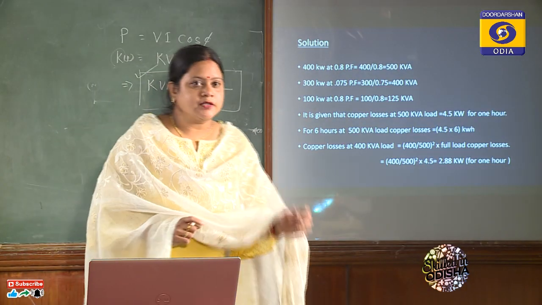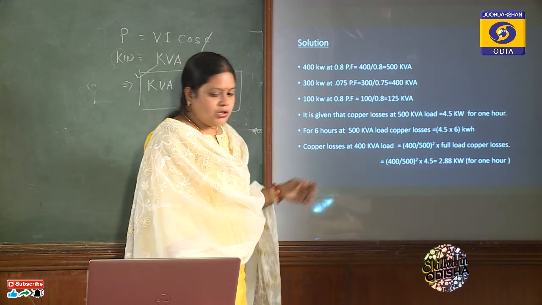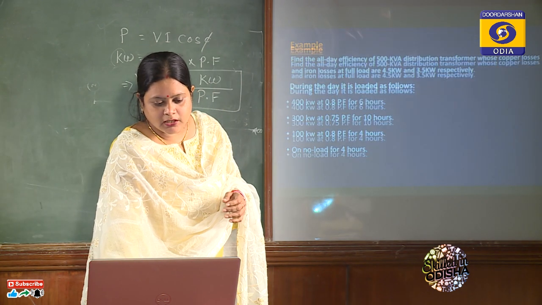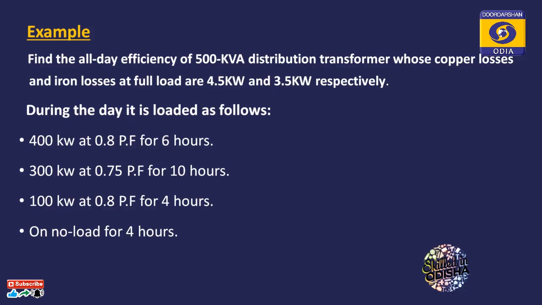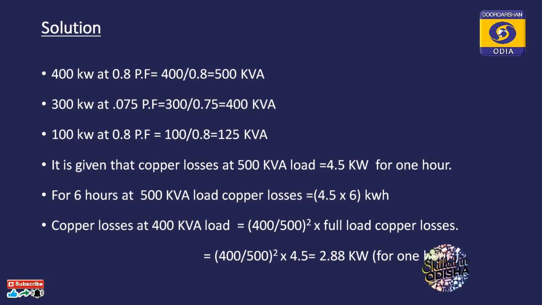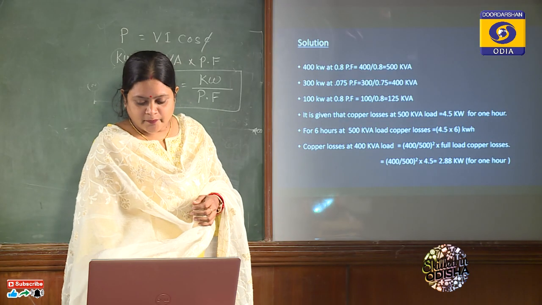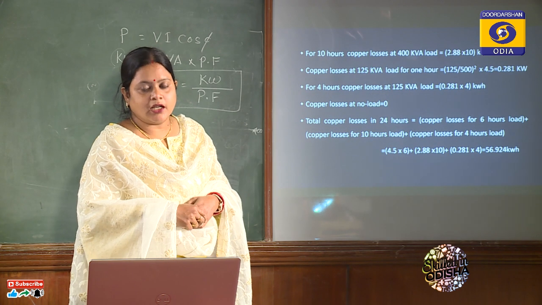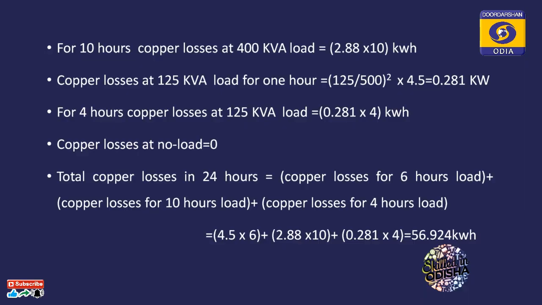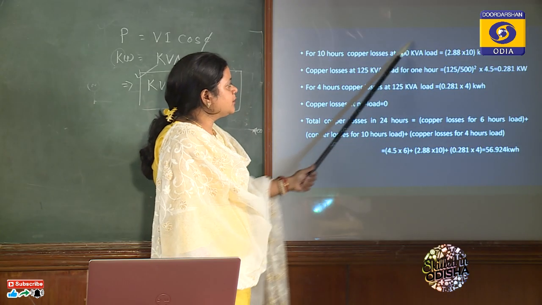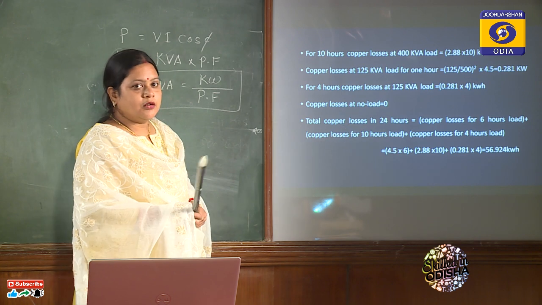But this load is for 10 hours: 300 kilowatt at 0.75 power factor for 10 hours. So for 10 hours the copper losses at 400 kVA load is equal to 2.88 into 10 kilowatt hour.